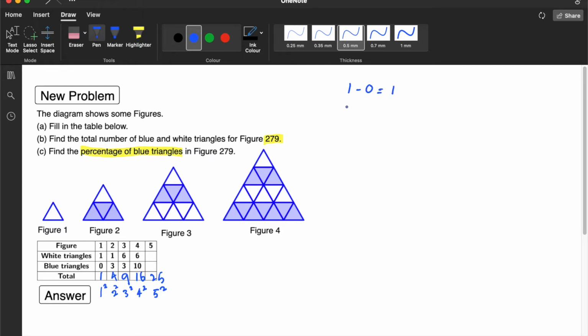Second one is 3 minus 1, 2. And the third one is 6 minus 3, we get 3. Fourth is 10 minus 6, we get 4. So again, there is an obvious pattern here. The difference between the white and the blue triangles will give us the figure number.